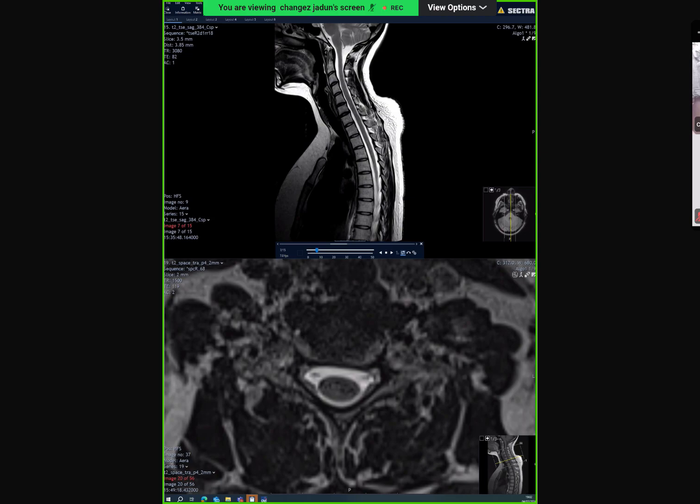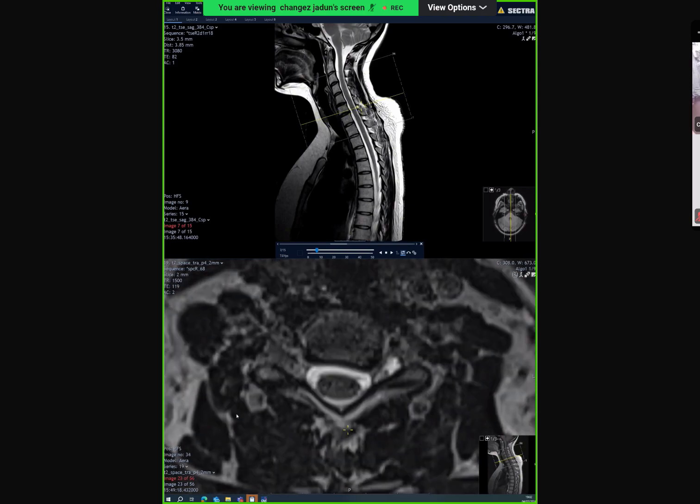Remember, the cervical cord is very heavily vascularized, with the vertebral artery supply, and ischemia of the cervical cord is not a common phenomenon, it's a rare phenomenon. Okay, sir. This is what you have.